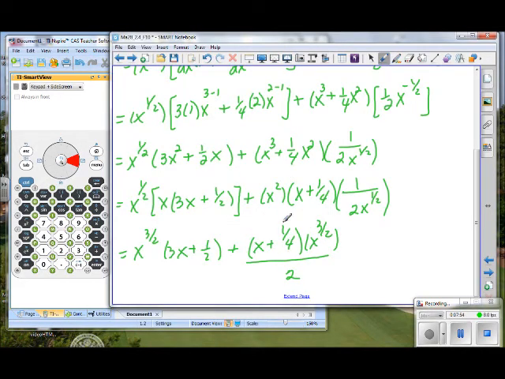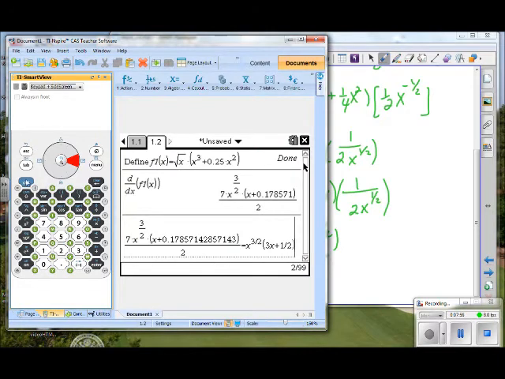And then I have a fraction, so I'm going to insert a fraction here. Let me back that up and make sure that I get the plus in there. There we go. And insert a fraction.